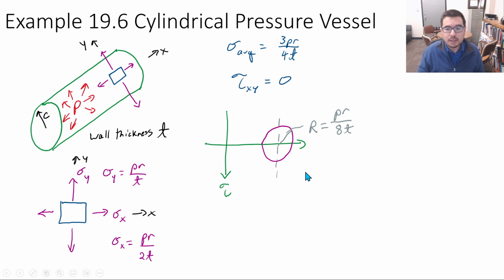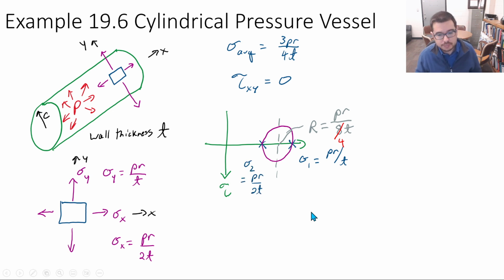So that would be PR over 4t. And we see these principal stresses as such: sigma 1 is PR over t, as we said previously, and sigma 2 is PR over 2t.